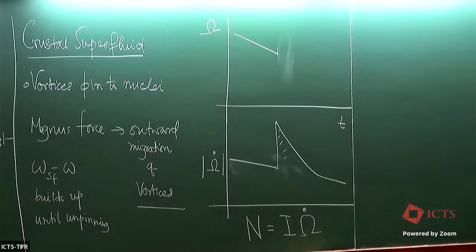So crustal superfluid has no coupling anymore to the external torque. So crustal superfluid is doing its own thing, whatever angular velocity it acquired. It is not feeling the torque that the crust is receiving. So that means that bit of the moment of inertia is not coupled to the external torque, because it's not feeling the torque.